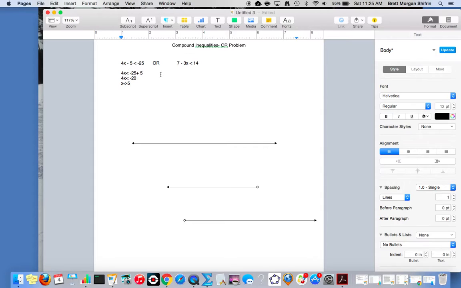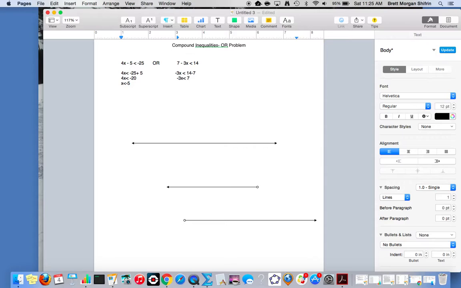Now I'm going to come over here and solve the other one. There we go. And I'm going to go ahead and subtract 7. Right? And now I get negative 3x is less than 7.